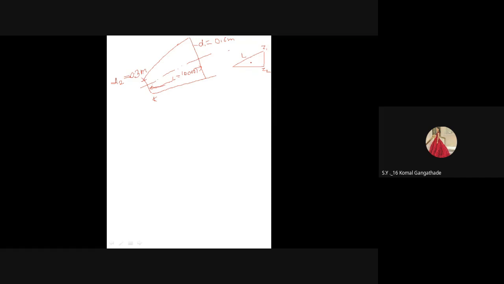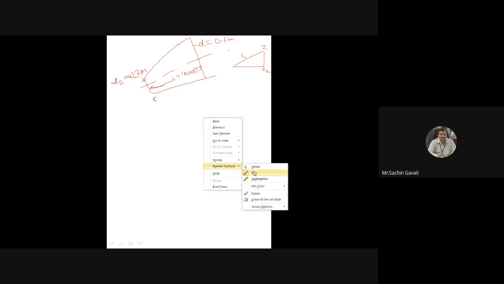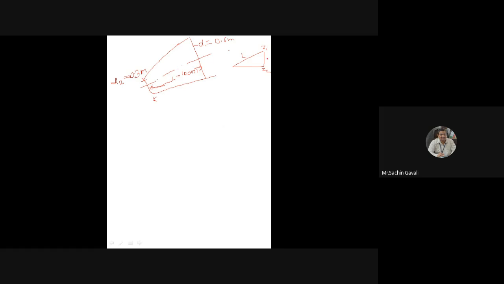Roll number 16, Komal, please unmute. Hello, Komal. L is 100 meter, and this dz we can consider Z1 minus Z2.